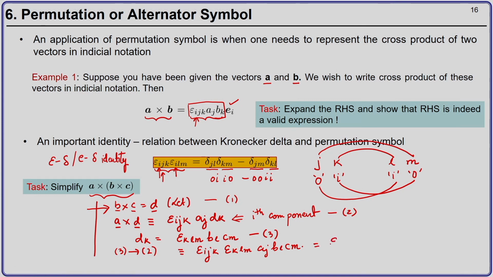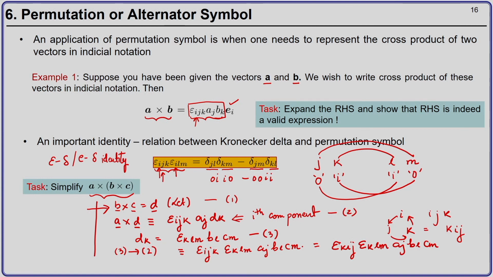So I can write epsilon_ijk epsilon_klm, and I can write this as epsilon_lmk A_j B_l C_m. Now let us change the index of the first permutation symbol: ijk will be the same as kij. So I will write epsilon_kij epsilon_klm A_j B_l C_m.